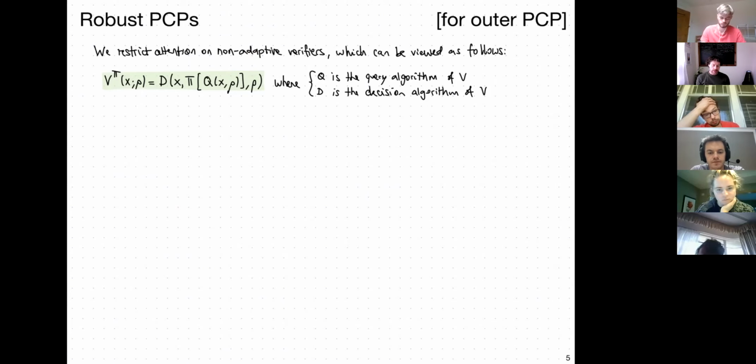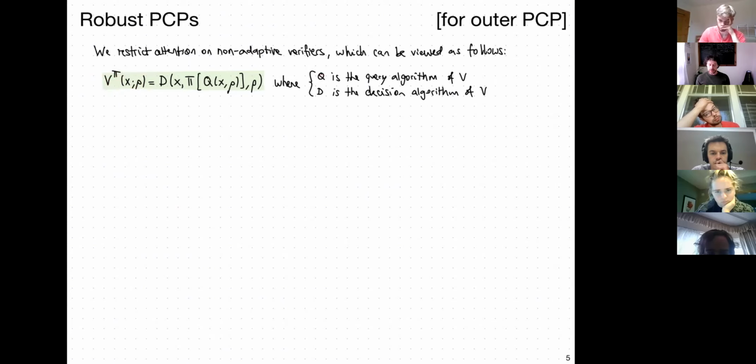So now let's see how we can describe our algorithm where we have a verifier with oracle access to a proof, an explicit input X, and some random string rho. We can describe the way that the verifier operates by decoupling it into two parts.